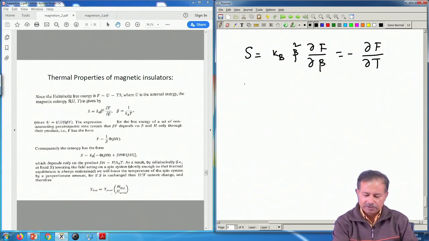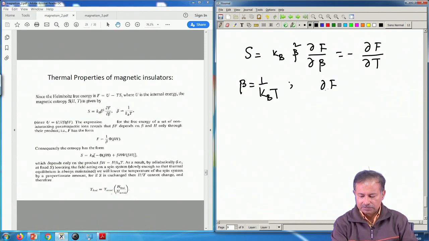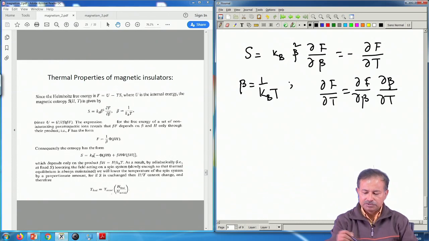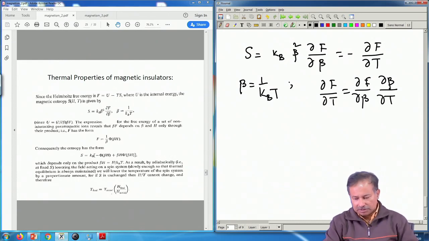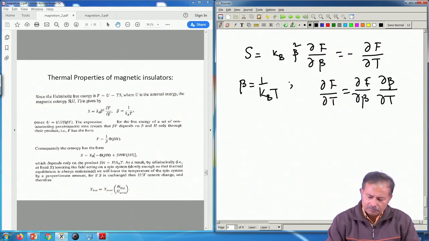Remember that kB beta is 1 by T, and this del F del T you can write as del F del beta times del beta del T, and del beta del T gives you this beta squared term. So, kB beta squared.